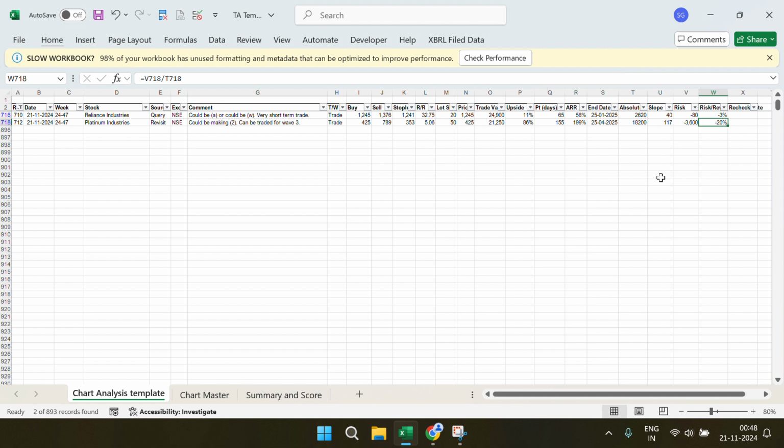Now this is where the slope thing comes in. When I have multiple such trade possibilities, it really makes sense to choose the best one for you and put your money into a fewer charts or a fewer stocks rather than diversifying it.